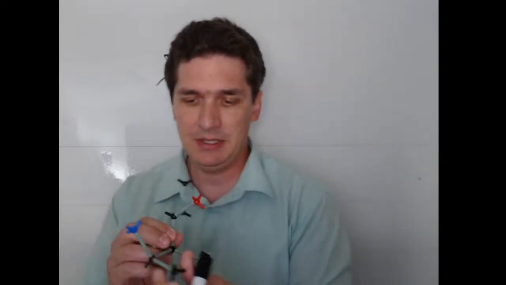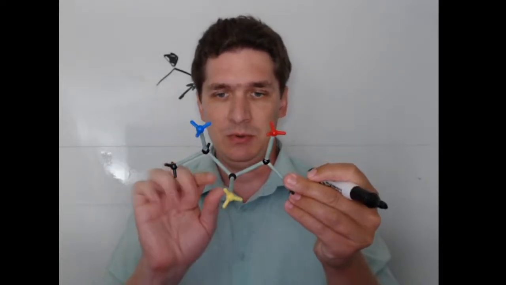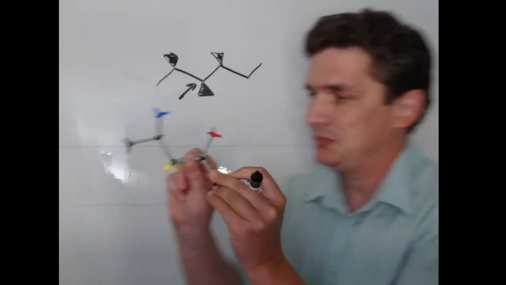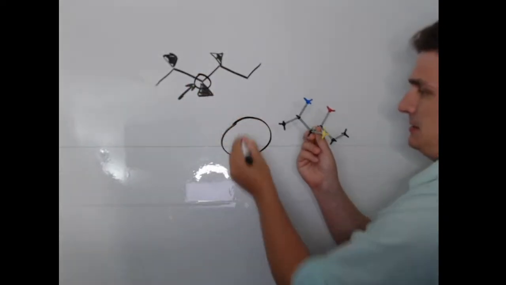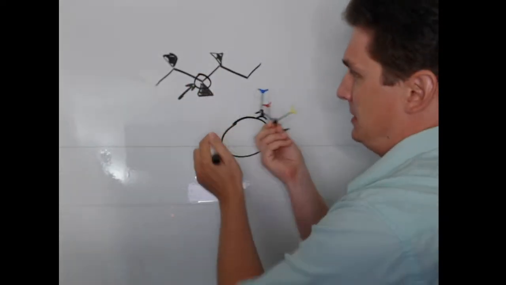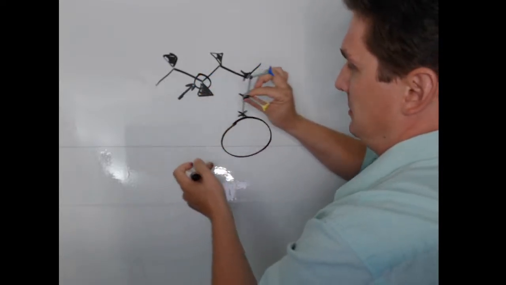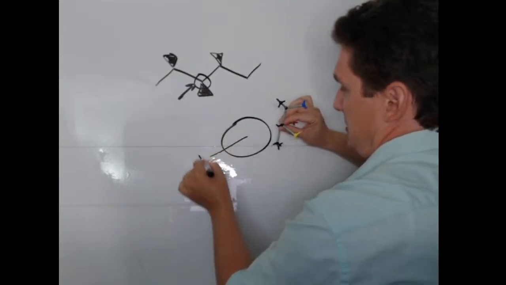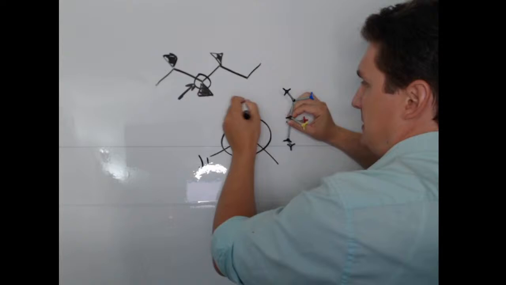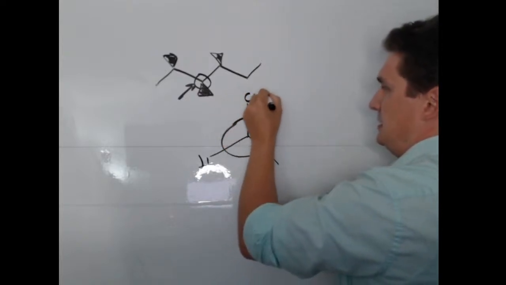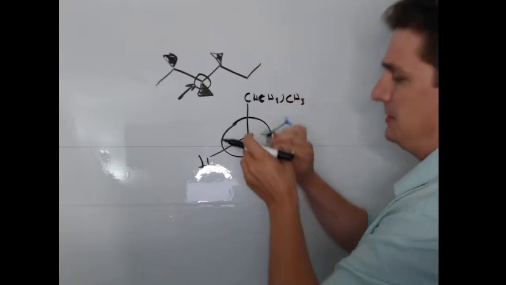So this is your starting molecule. And what we're doing is we're looking from this bond to this bond. We want this to be the front one, so we take it and we turn it to the left. We're going to have a hydrogen going down, this methyl group going down, and then this CH3 going up.